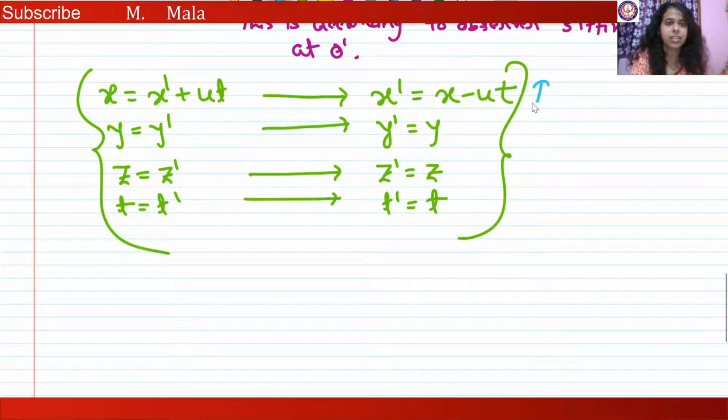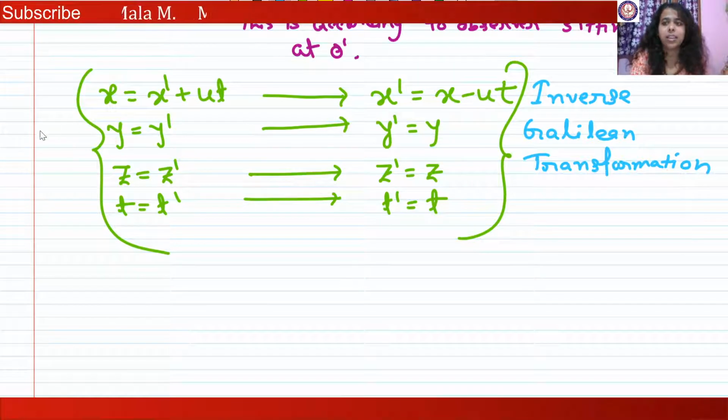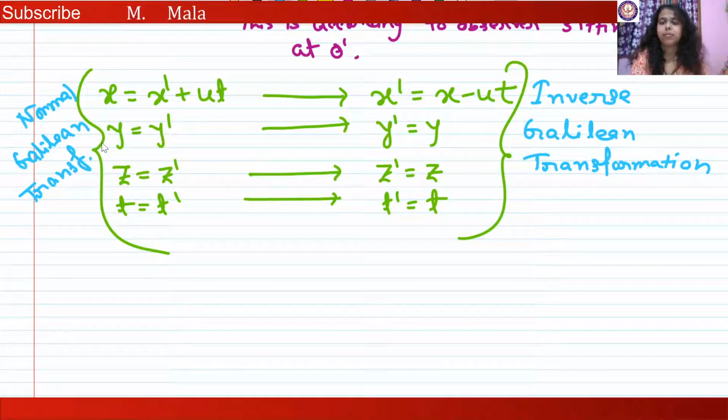So these sets are called inverse Galilean transformation, and now these two sets of equations are our Galilean transformation.